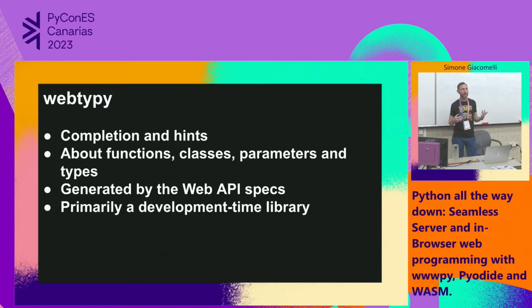So this is a package, a PyPI package, that you don't want at runtime. You don't need it at runtime. It's just at development time, so your IDE will know about innerHTML, document, window, and all those things.